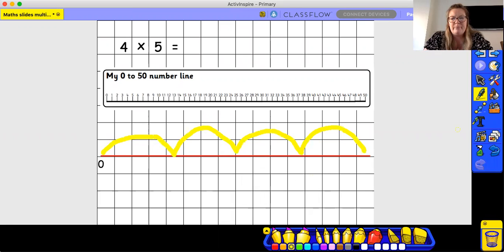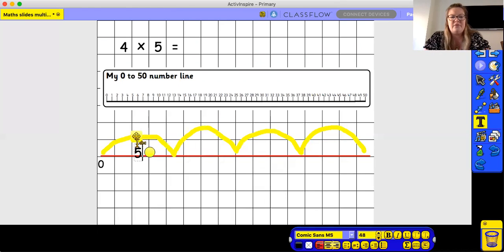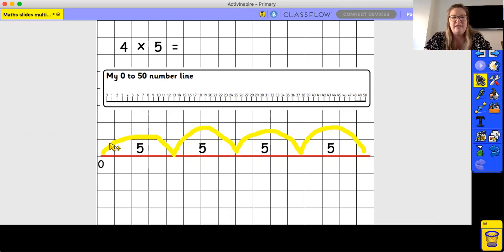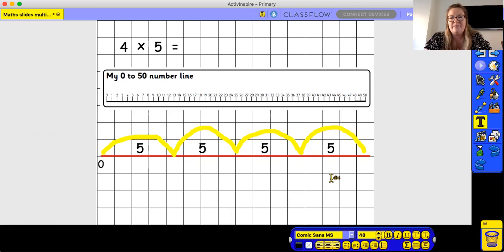And each jump is worth 5, so I can write that in my jumps here. And then it's really easy to count in 5s. Here we go, let's count in 5s. 5, 10, 15, 20. So 4 lots of 5 is 20. We can write that answer up here as well.